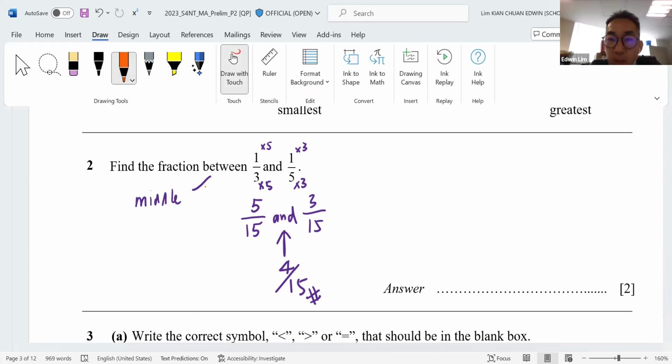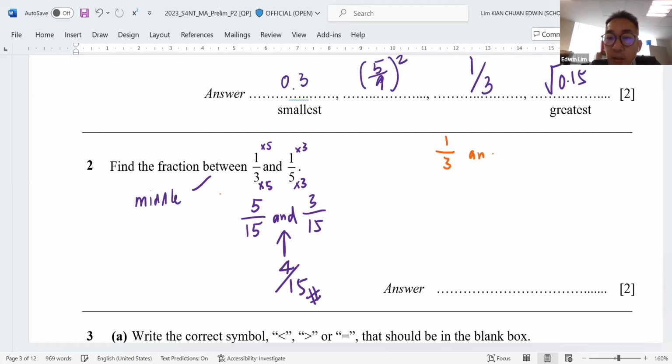All right, 1/3 and 1/5. Another way of doing this question is to change everything to become decimals. 1/3 will be 0.333. 1/5 will be 0.2.